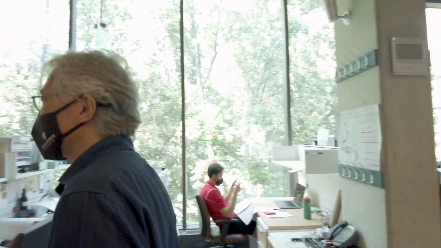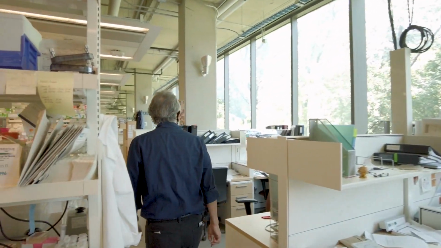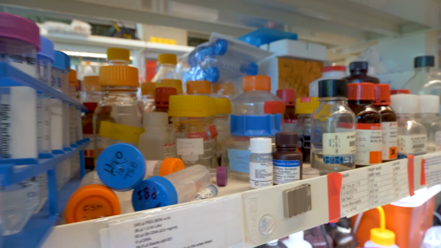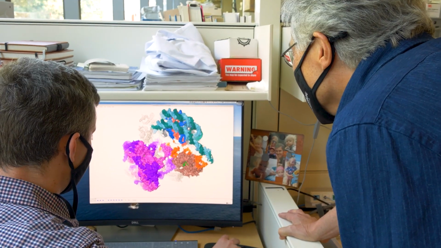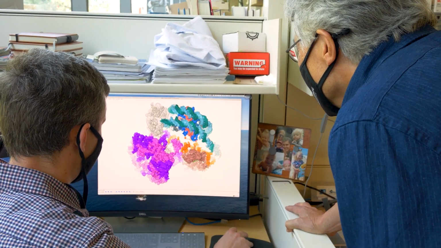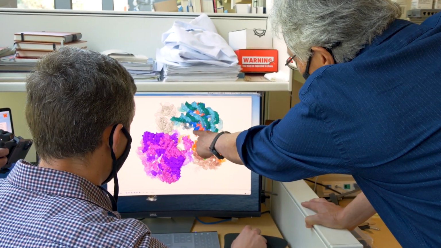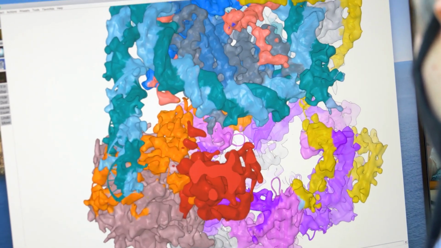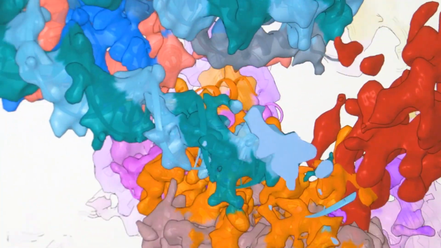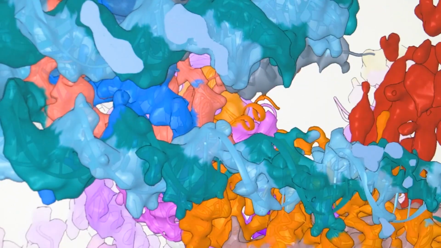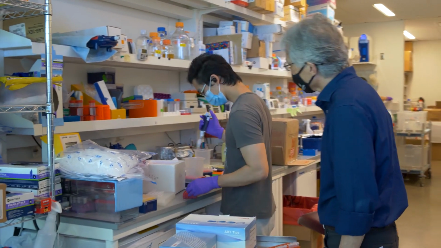My lab works on the structure and function of chromatin, which is the material in which genomes are organized inside the cell. We're interested in understanding how chromatin is organized because we want to know how the information encoded in the genome is utilized in the cell to carry out its many activities, especially during differentiation and development into the many tissues of an organism.